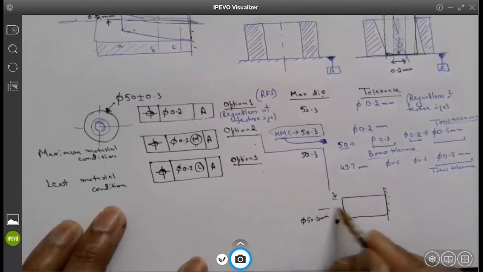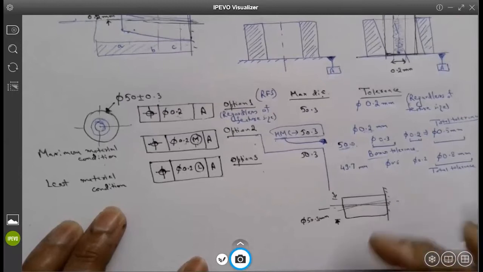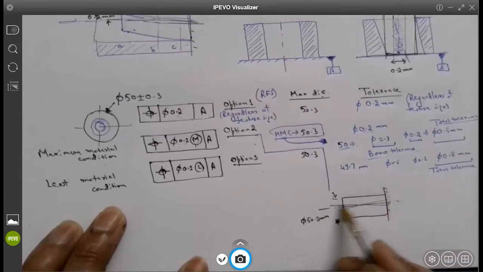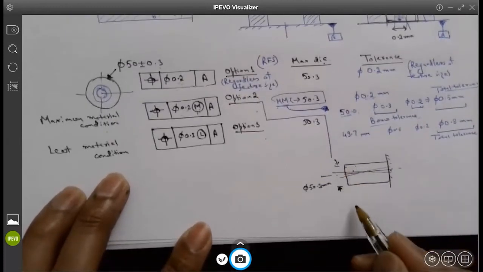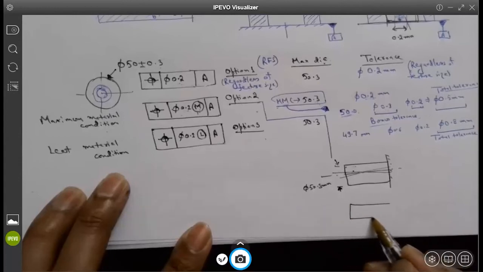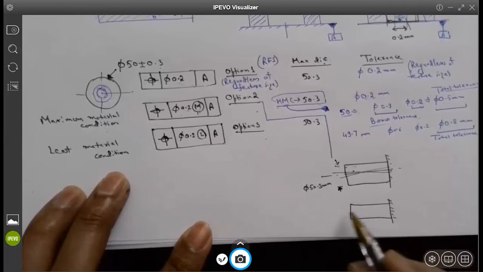In that case, I have a very tight tolerance on the axis. The axis cannot orient more than 0.2. So I cannot have the cylinder offset more than 0.2 millimeters. But if my part is fabricated at 50 millimeters, then I have much more leeway in accepting the out of tolerance of the axis.